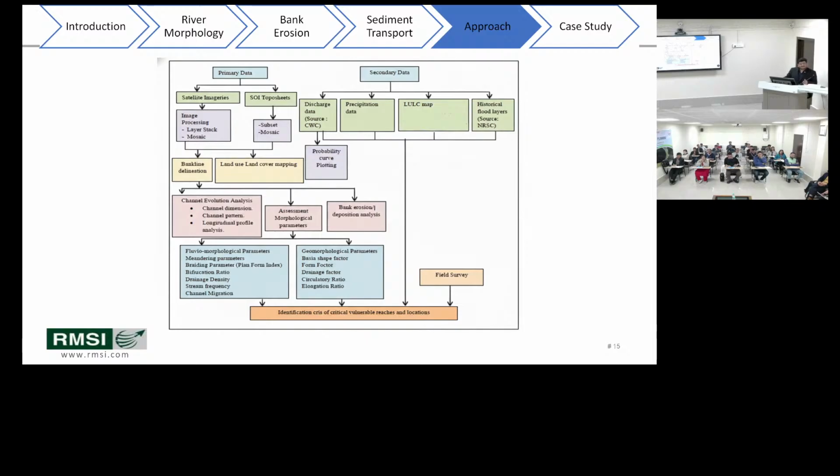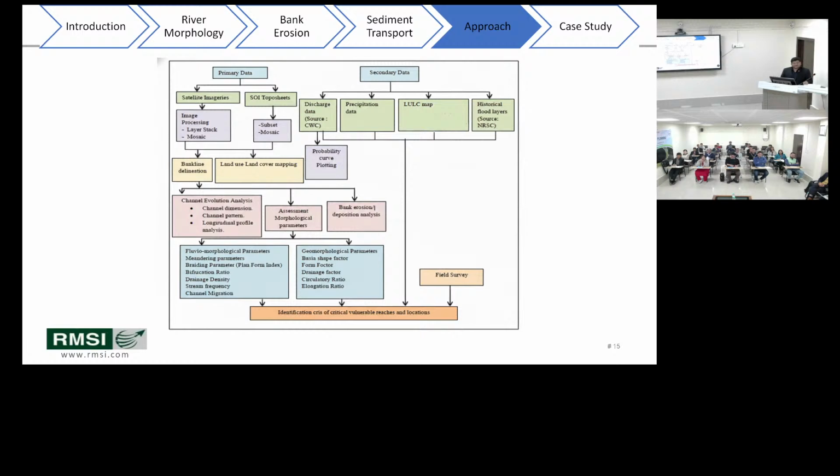Satellite images we take at an interval of around 5 years or 1 decade, and after getting the satellite images, like LULC, we delineate the river banks, and then we overlay different banks, and we see whether the river is eroding or deposition is taking place on the banks of the river.